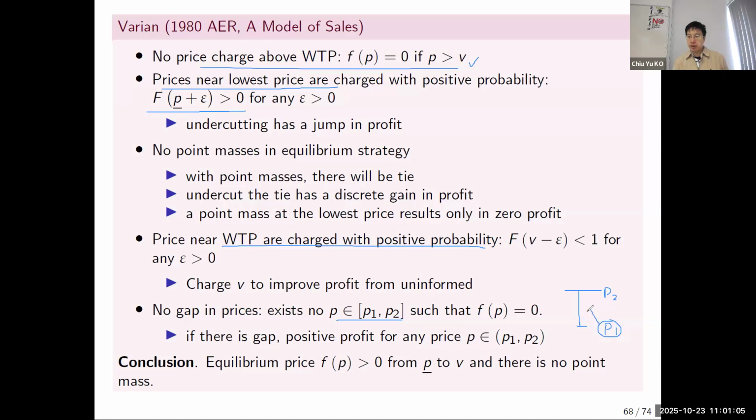Charging a little bit higher is better, because you get a higher profit without violating anything. So anyway, if you don't want to bear with this detail, just say that there exists some continuous equilibrium.